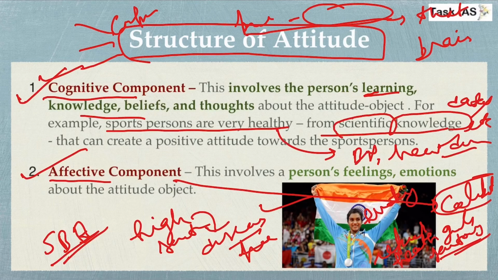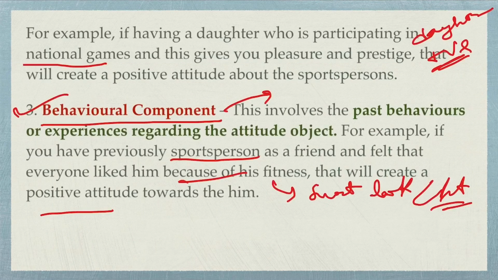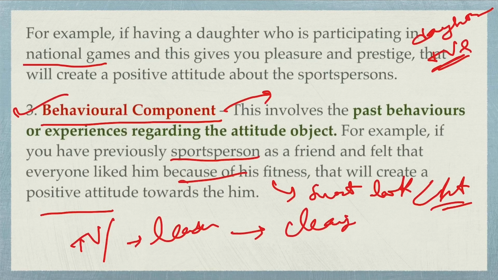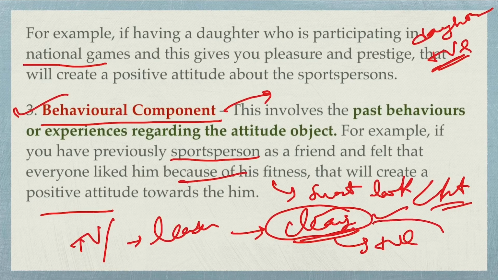Now thirdly, in the behavioral component, you can observe from TV channels or newspapers that leaders are taking a bamboo stick and cleaning roads, but they want that others' behavior towards cleaning should be positive and everyone should consider that cleaning is a good thing and they should work by themselves for cleaning.